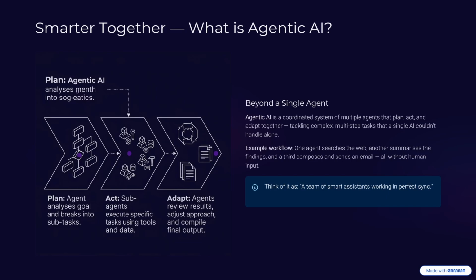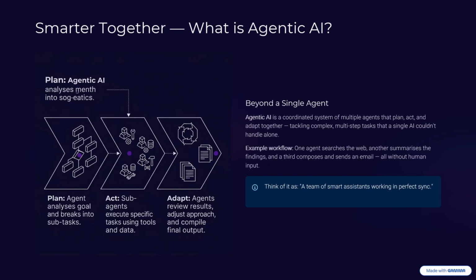One agent will be efficient in doing its work. If one agent is efficient in searching the web, then it is going to search the web. The next one is good in summarization, so it is going to summarize all the details.